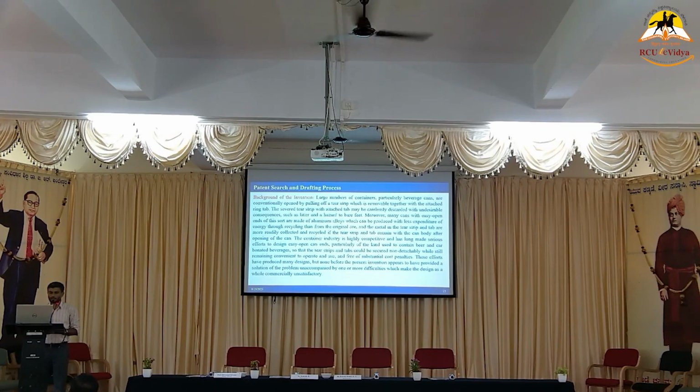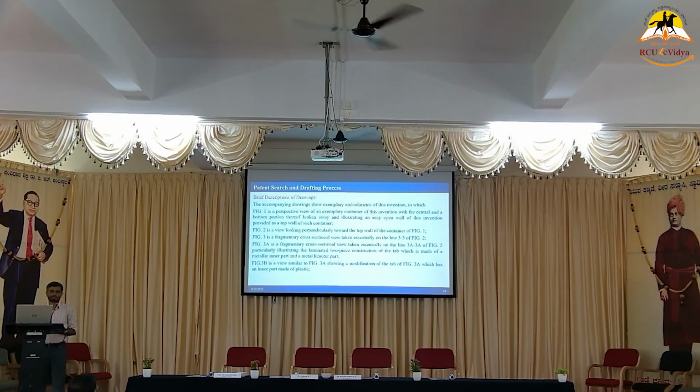These efforts have produced many designs, but none before the present invention appears to have provided a solution to the problem. So you are told what the problem is and what area you are going to work on. This is the background of the invention. Whatever you are doing, it should be the same. Address the problem and tell that this is the solution and no one has addressed it till date.